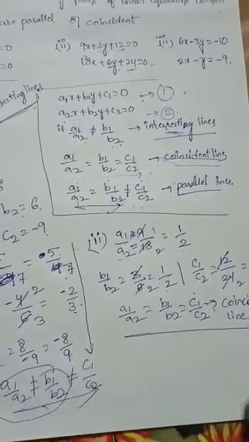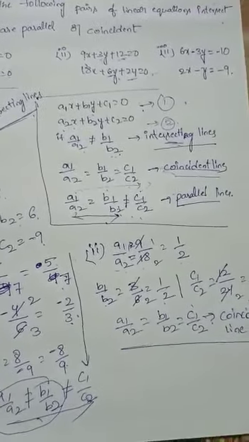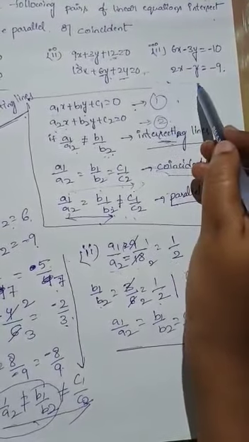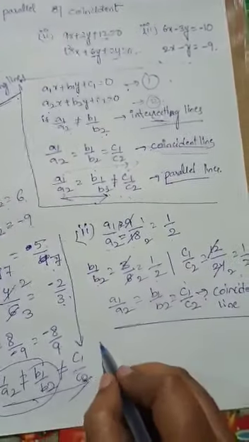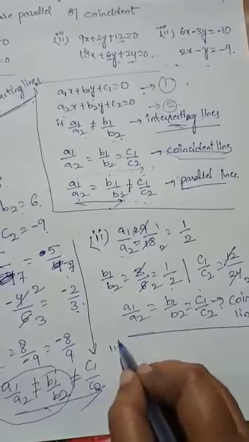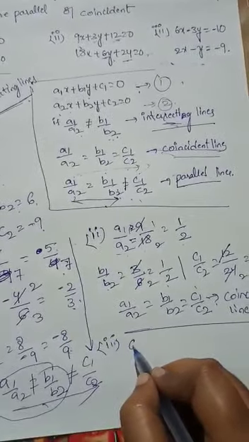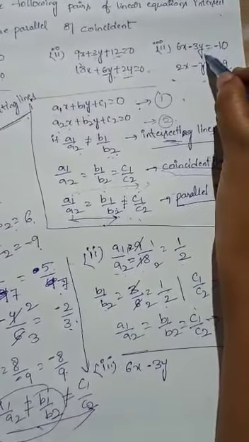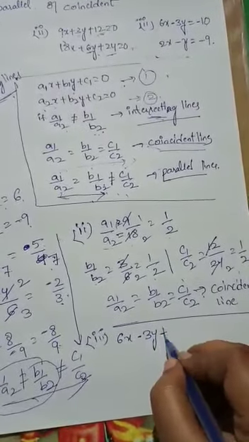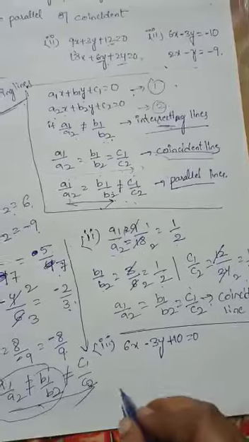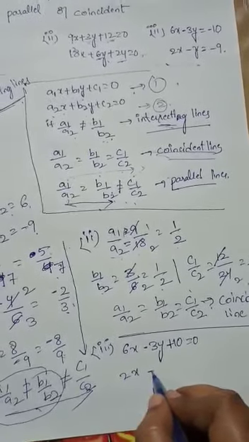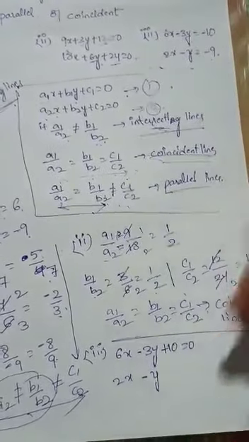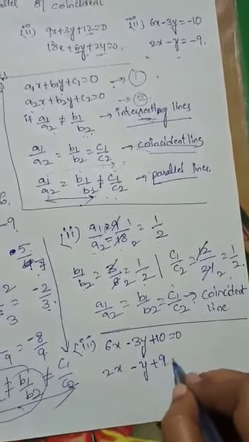Next example, the third one. 6x minus 3y minus 10, which comes to this side as plus 10, equal to 0, and 2x minus y minus 9, which comes to this side as plus 9, equal to 0.